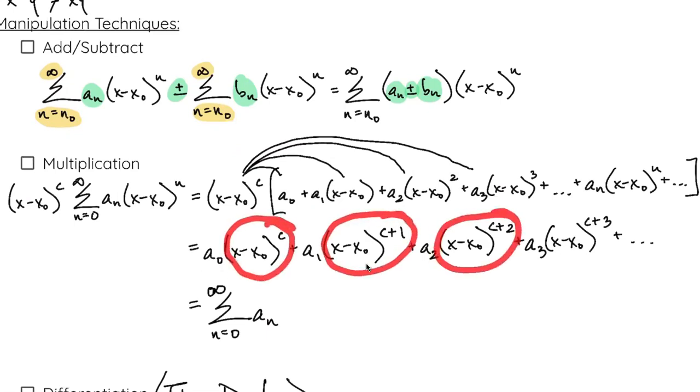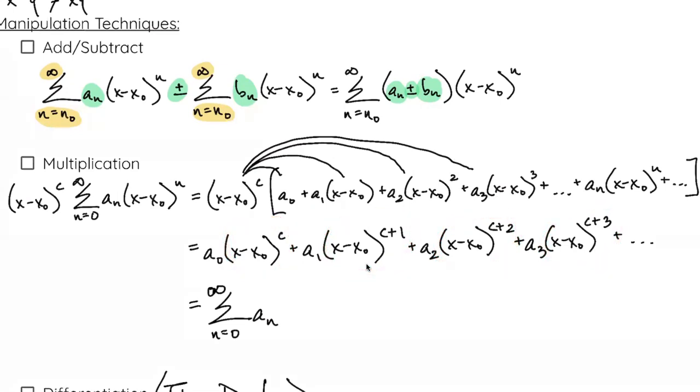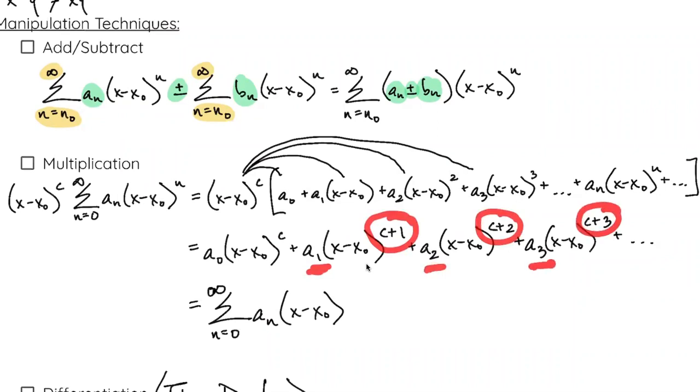Like, how do I know what numbers to plug in? Well, x minus x naught, that part is the same for all of them. Beautiful. And so it turns out that we're just going to take c, and it's a little bit easier to see when we get further down the line, but it's c plus 1, and that's 1. C plus 2, and that's 2. C plus 3, and that's 3. So we can say c plus n.